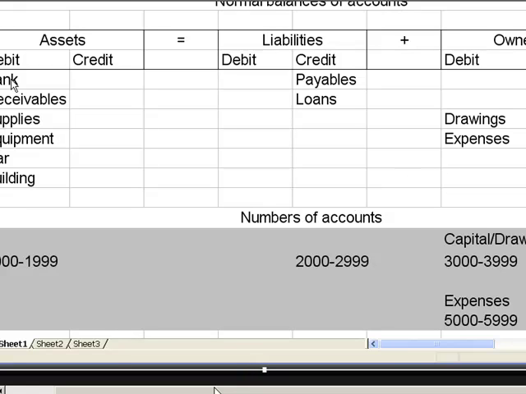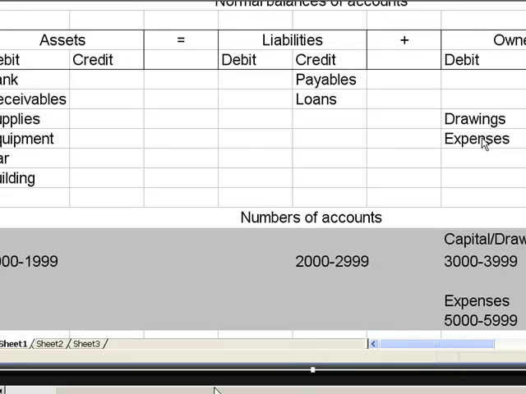So now, if our bank or our payables, if our bank is going down, then something has to happen on this side. So for spending money, bank's going to be credited, something has to be debited on this side, right? And that's going to be expenses.